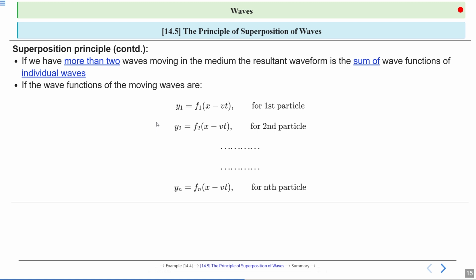For the nth wave, the displacement is yn = fn(x - vt). So the total displacement at any point is the sum y1 + y2 + ... + yn. This is the essence of the superposition principle for multiple waves.